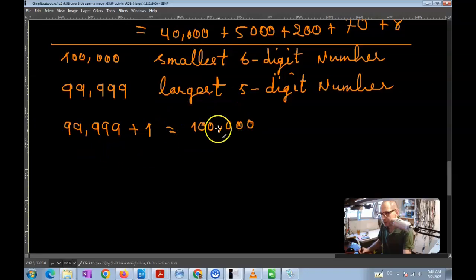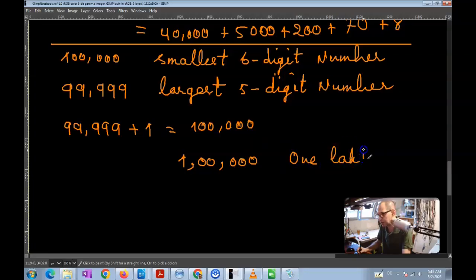In India, 100,000, you don't write it this way. You would write it as 1, a separator, the 2 zeros, a separator, and then the 3 zeros. And then it is called 1 lakh. It is called 1 lakh. Okay? You don't write it this way, but you write it this way.